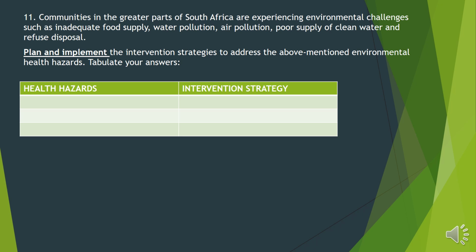So on the left column of the table, they've titled it health hazards. So it means it's those health hazards that they have listed for us at the top. So there are 5 of them: inadequate food supply, water pollution, air pollution, poor supply of clean water, and refuse disposal.